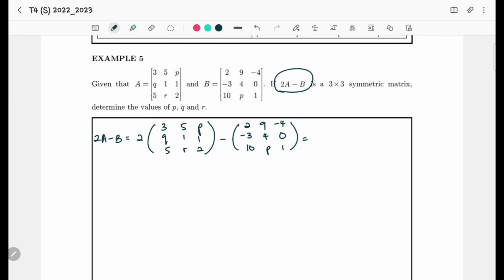Just simplify this. So 2 times 3 minus 2, you'll get 4. And then 2 times 5 minus 9, you get 1.